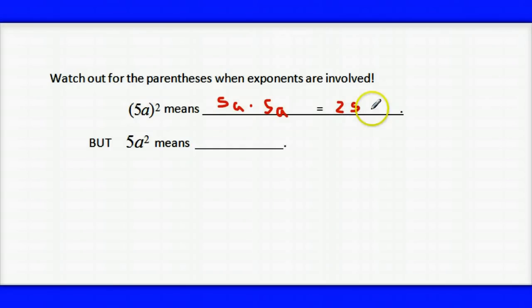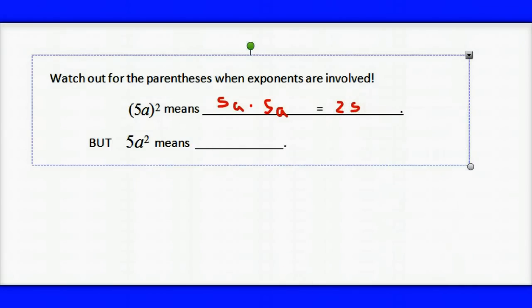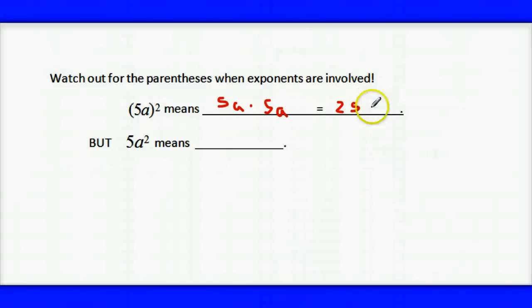And the reason we have both the a and the 5 squared is because we have the a and the 5 in the parentheses. But here we have 5a squared, where just the a is being squared. So this is just 5 times a times a. Notice it's not the 5 and the a that are being squared, but just the a.